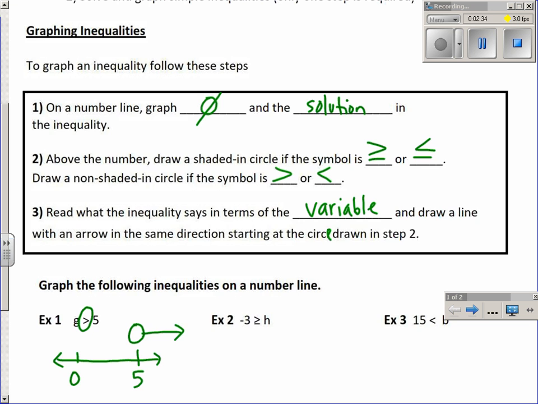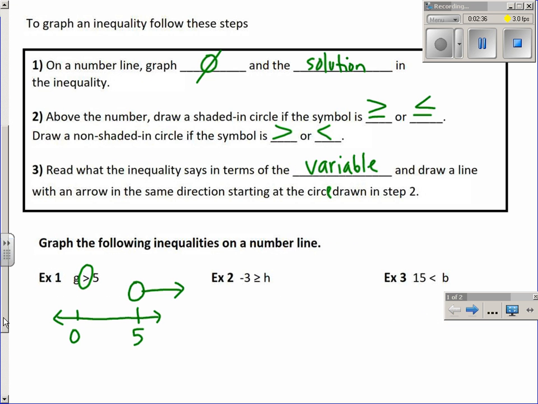All right, let's do example number 2, which says that h is less than or equal to -3. Or you could read it as -3 is greater than or equal to h. So first step is we have to draw our number line, and we're going to put in the number 0 and the solution of -3.